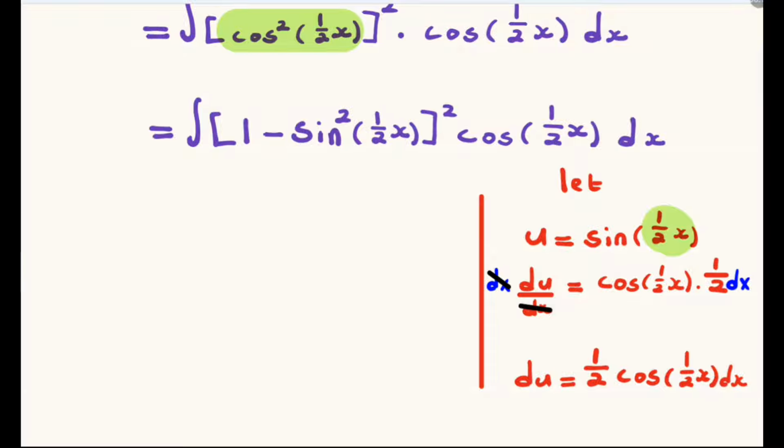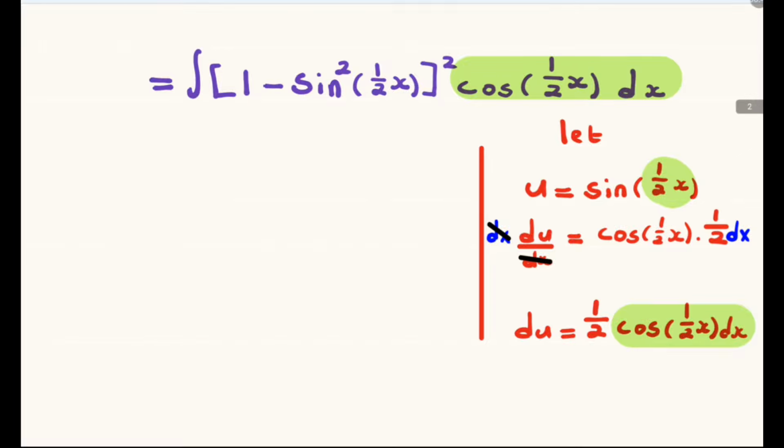We can realize that in our integral we have the cos of half of x dx. Let's multiply by 2 so that we can remove that half. So we have 2 multiplied by du will be equal to the cos of half of x dx.